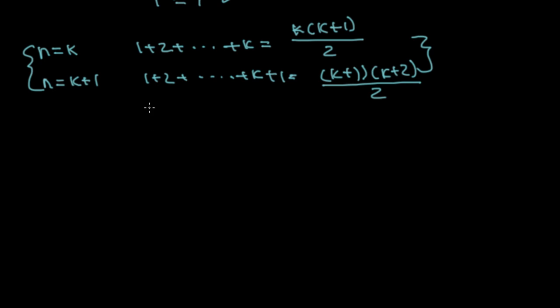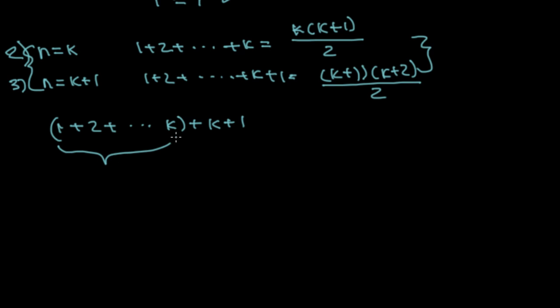So let's take the left side for our third statement right here. Let's take the left side and rewrite that as 1 plus 2 plus up to k plus 1. And from our inductive hypothesis, which is the second statement right here, we know that 1 plus 2 plus all the way up to k is k times k plus 1 over 2.